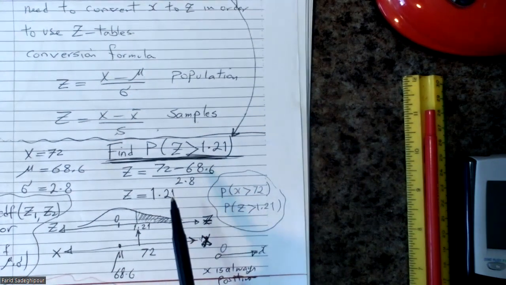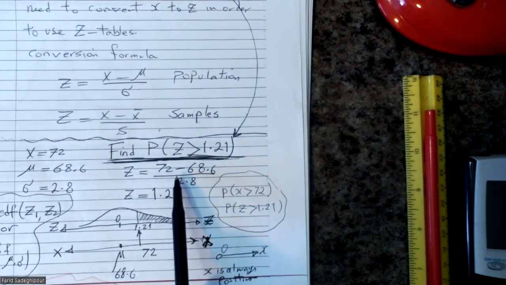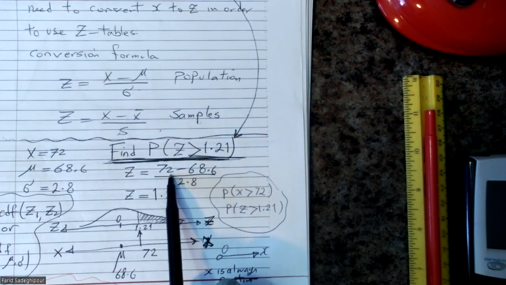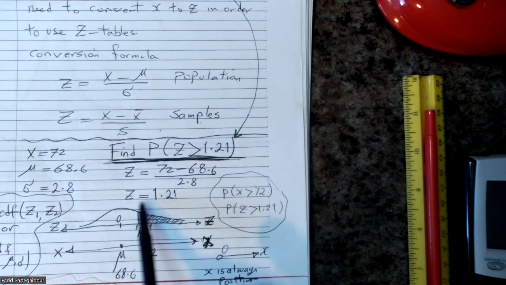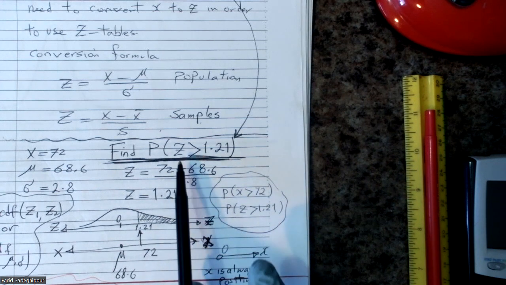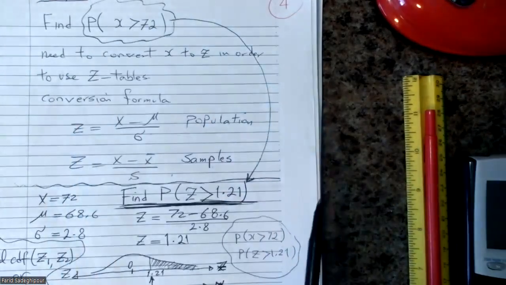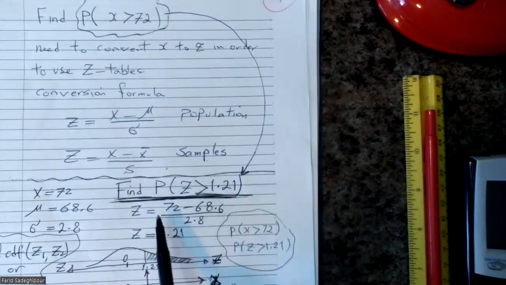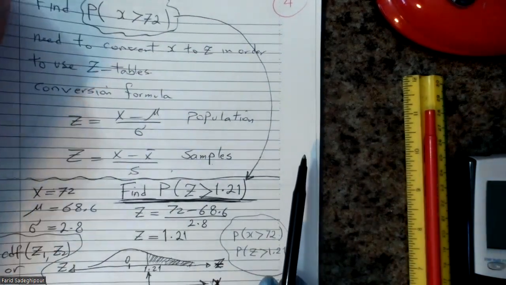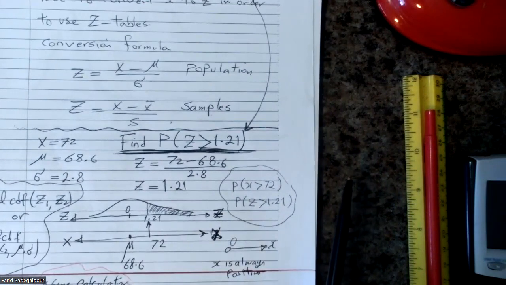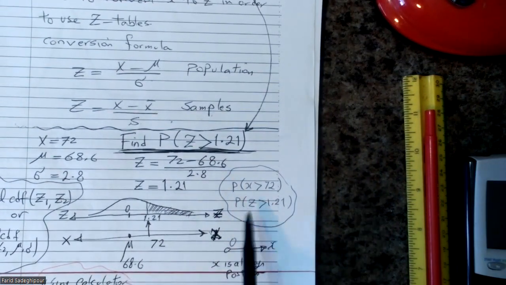In the formula, we already have the mean and standard deviation of the population, and x is 72. By using the conversion, I find this value of z. So instead of saying x is greater than 72, we want to calculate the probability that z is greater than 1.21. Then we could go to the z table and find the probability.